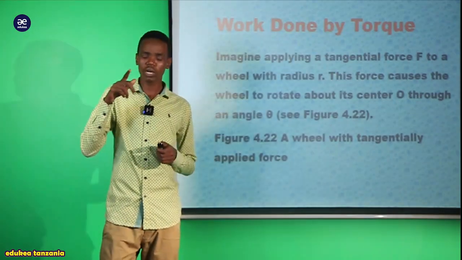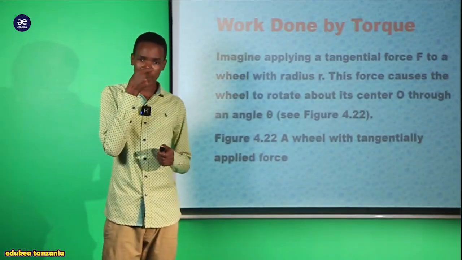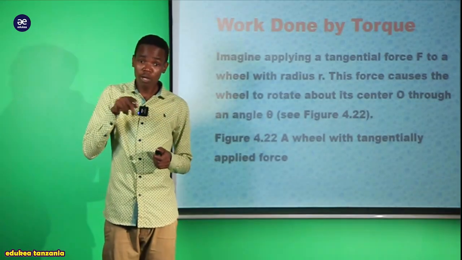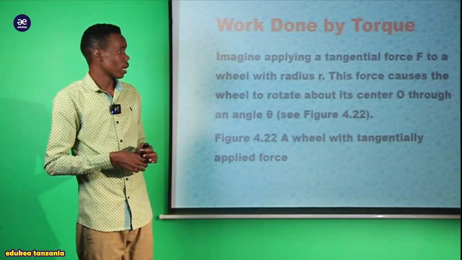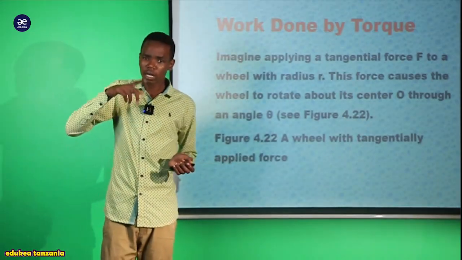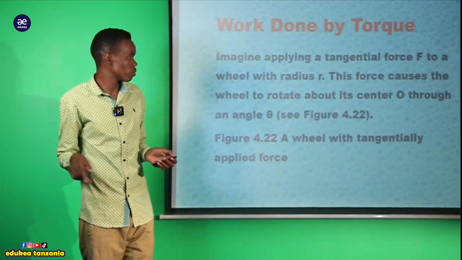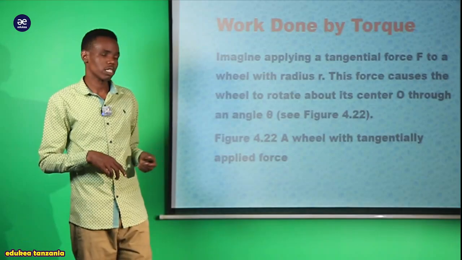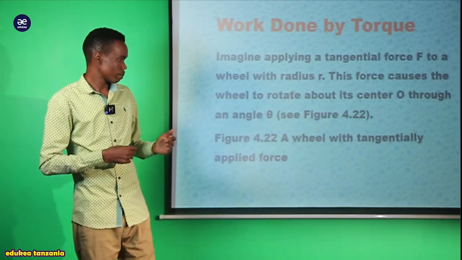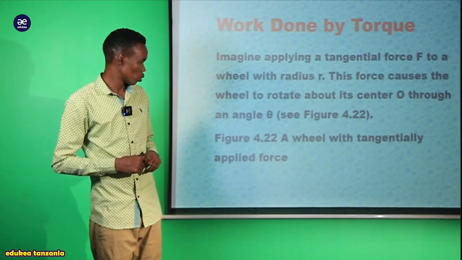During the rotation of the wheel, we must apply the tangential force, which causes the wheel to rotate. Once we apply the tangential force, it causes the wheel, like the tyres of a car, to rotate. So when it rotates about the center through an angle here, it will produce an angle theta, as we try to demonstrate here. So we are going to see our figure number 22 here.